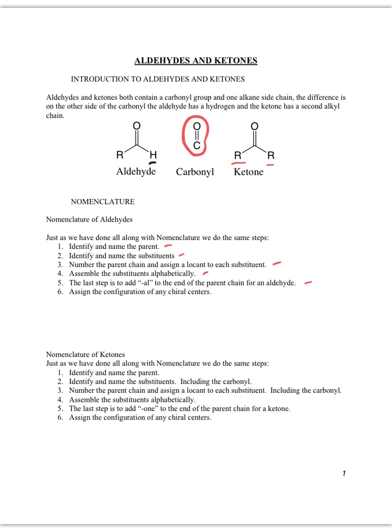The main difference between these two is, for an aldehyde we use -al; for a ketone, we use -one in the name. So remember the importance of how we name it, and spelling is very important.